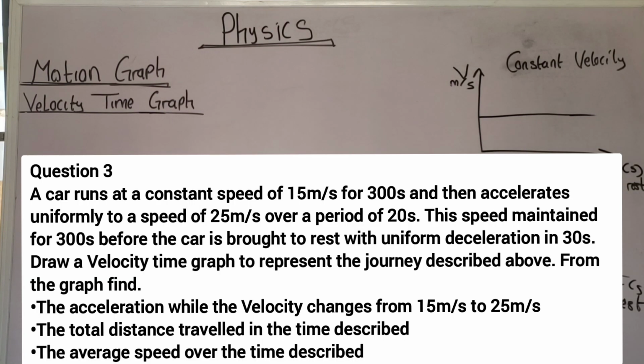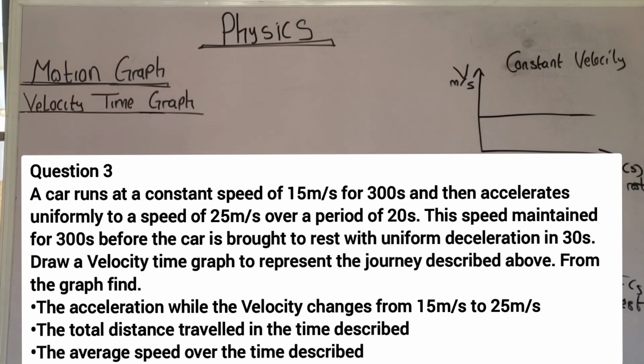A car runs at a constant speed of 15 meters per second for 300 seconds and then accelerates uniformly to a speed of 25 meters per second over a period of 20 seconds. This speed is maintained for 300 seconds before the car is brought to rest with uniform deceleration in 30 seconds.